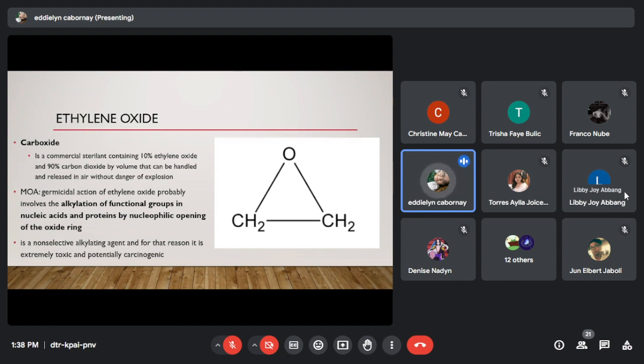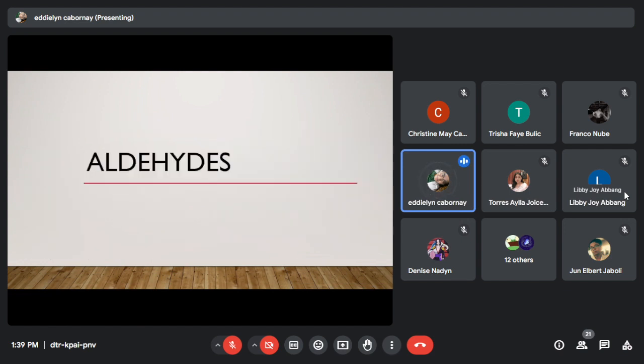The germicidal action of ethylene oxide probably involves the alkylation of functional groups in nucleic acids and proteins by nucleophilic opening of the oxide ring. Ethylene oxide is a non-selective alkylating agent, and for that reason, it is extremely toxic and potentially carcinogenic.